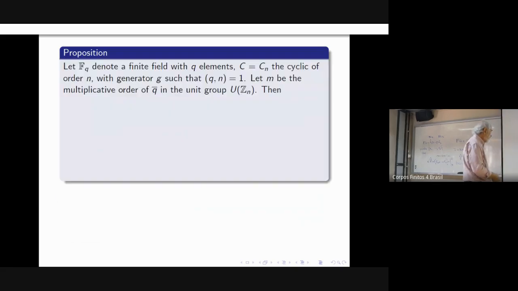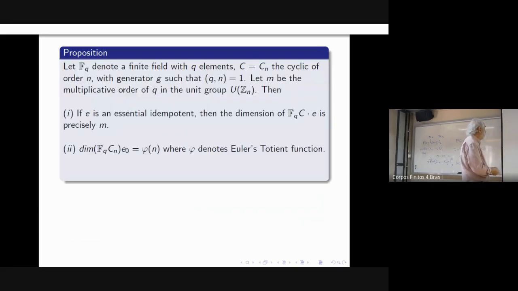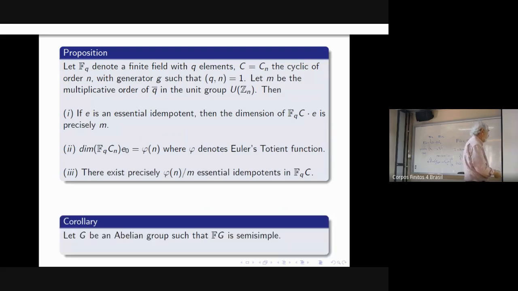So actually, what you obtain, the important thing here, is this for all. And for an abelian group, essential idempotents exist if and only if G is cyclic.